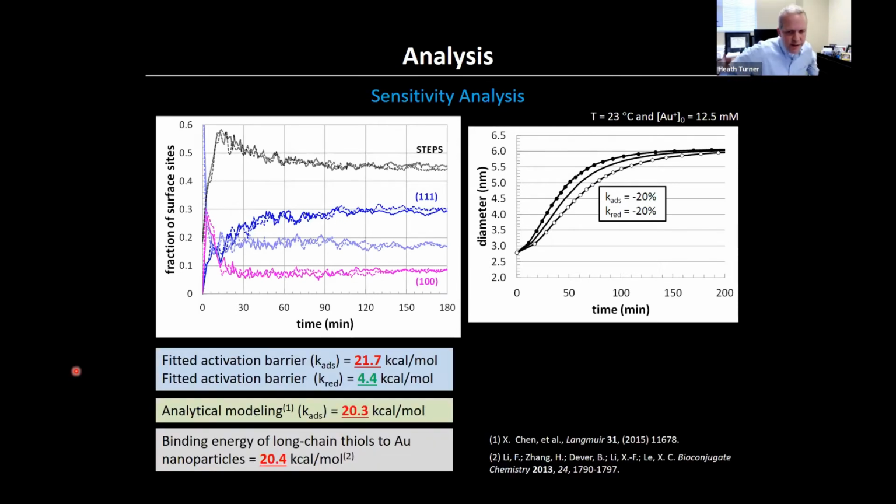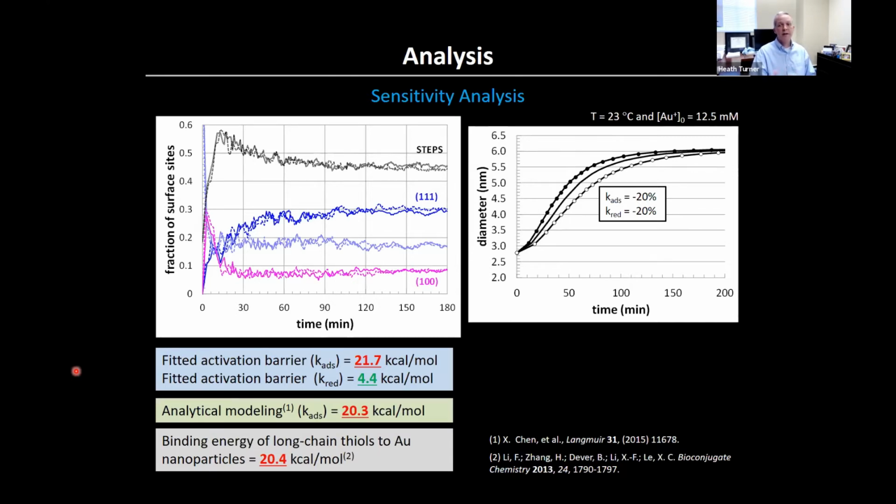Also, here I've just shown that our activation barrier for our adsorption rate constant comes out to be around 21.7 kcal per mole. And so again, that's connected to a real step, a real mechanism. And so we can compare that to some experiments. We can look at some of the binding of long chain diols to gold nanoparticles, which is very representative of this type of process.